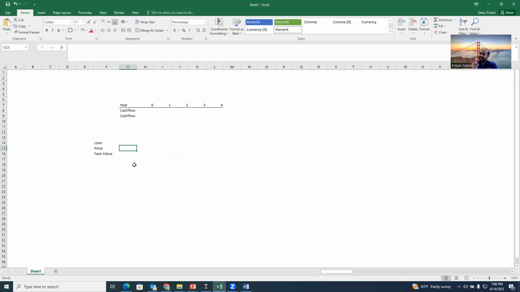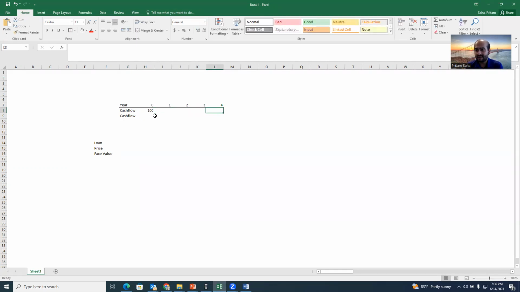Now, price. The price of the loan is basically the value of the loan today. You can think of the price of the loan as the value that the borrower will receive today. So let's say the borrower will receive $100 today. That is the price of the loan.